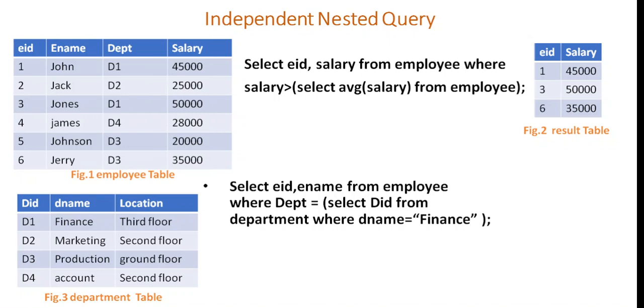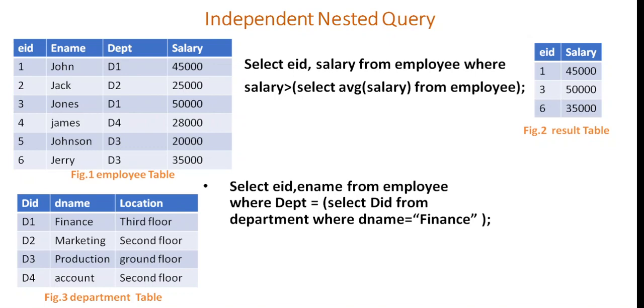For that we write the query: select department ID from department where department name equals finance. Department IDs and department names are given in the department table, so we need to fetch data from the department table. Then by locating the department ID of finance, we give that department ID to the outer query, and then we can fetch the data.